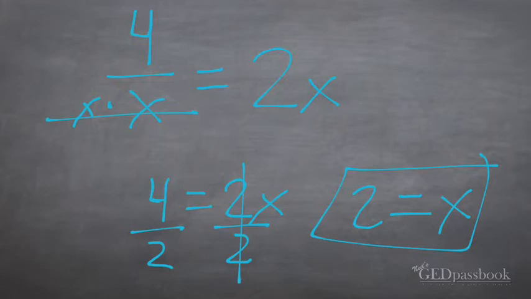There's going to be distributing. There's going to be combined like terms. There's going to be a whole bunch of movement everywhere. And if you mess up in one little part, your whole equation gets thrown down the drain.